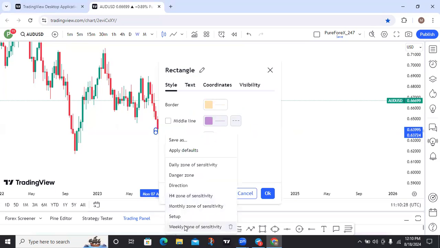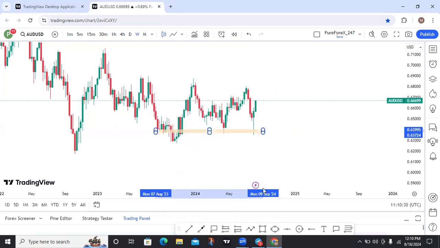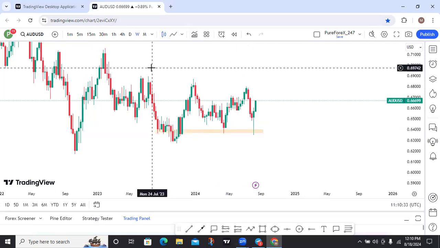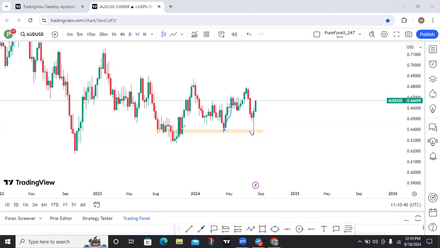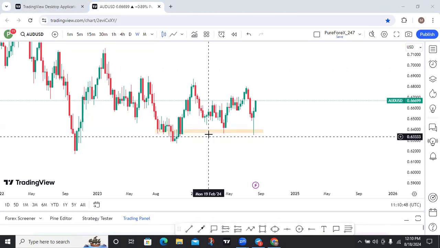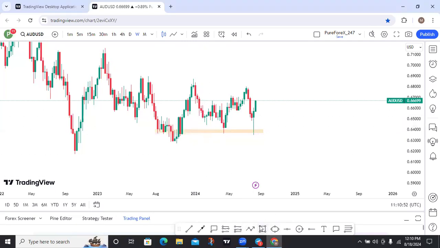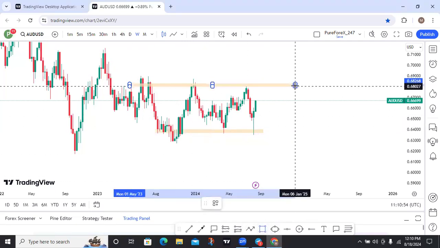Let me change that color. There is a consolidation here. You know, the market retested it the first time, pushed up. The second time, the market is pushing. And this area has been a problematic area, right? So let's also look at this level here.